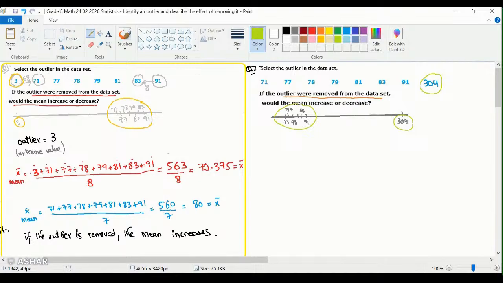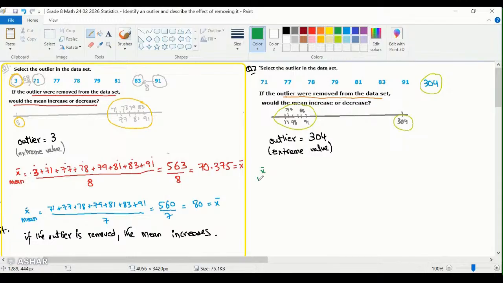Agreed? It's further away. It's an extreme value. So can I say that the outlier for this given set is 304, the extreme value? Agreed?